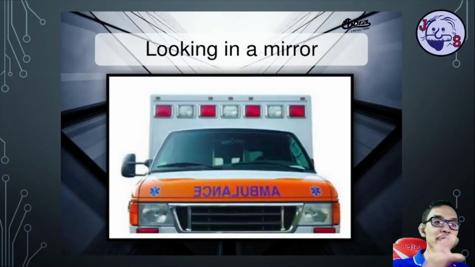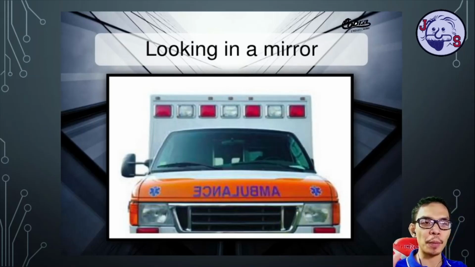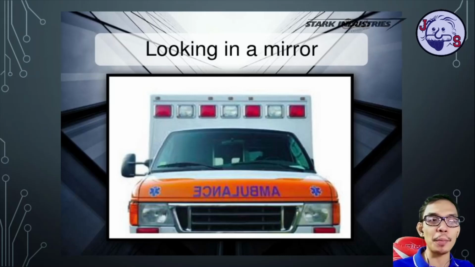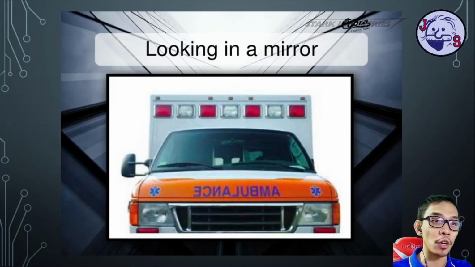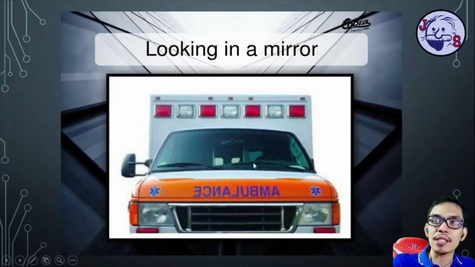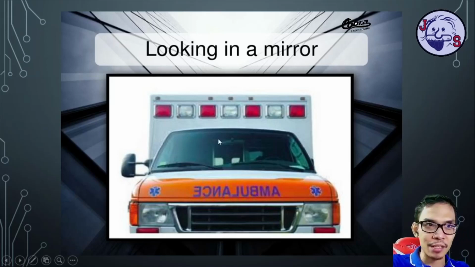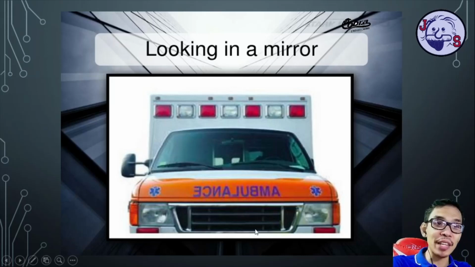Except for one thing: when you raise your right hand in front of the mirror, the image on the mirror will raise its left hand. So it is laterally reversed. That's the reason why the word ambulance written on an ambulance is written in reverse.